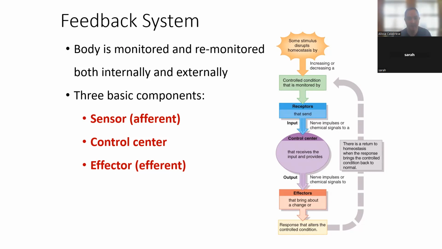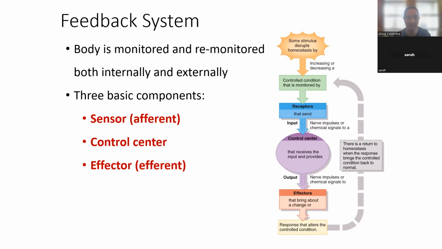In the case of humans, the control center is going to be the brain for the most part. So the brain will receive that information and decide what to do with it. If it receives information that the body's too hot, then it's going to send a response to an effector. The effector is anything that's able to respond to that information coming from the brain. So in the case of a hot day, the effectors might be your sweat glands, right?